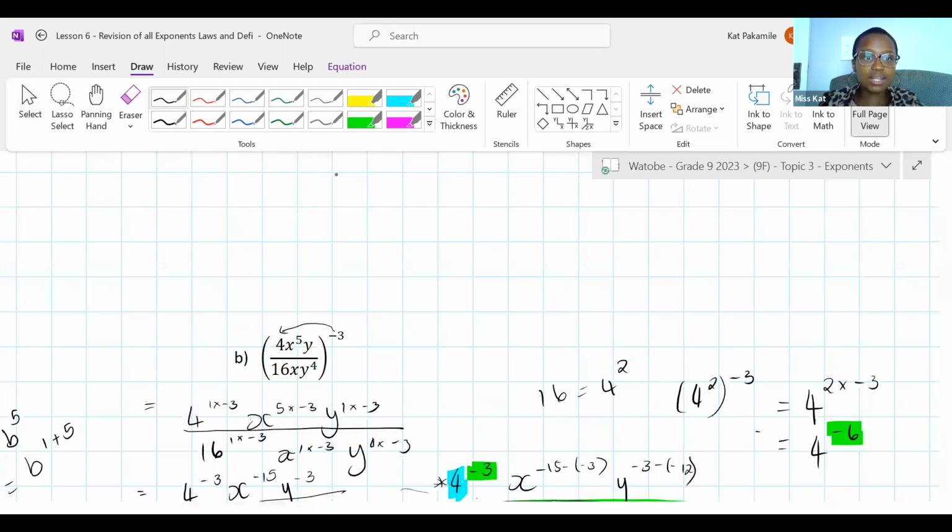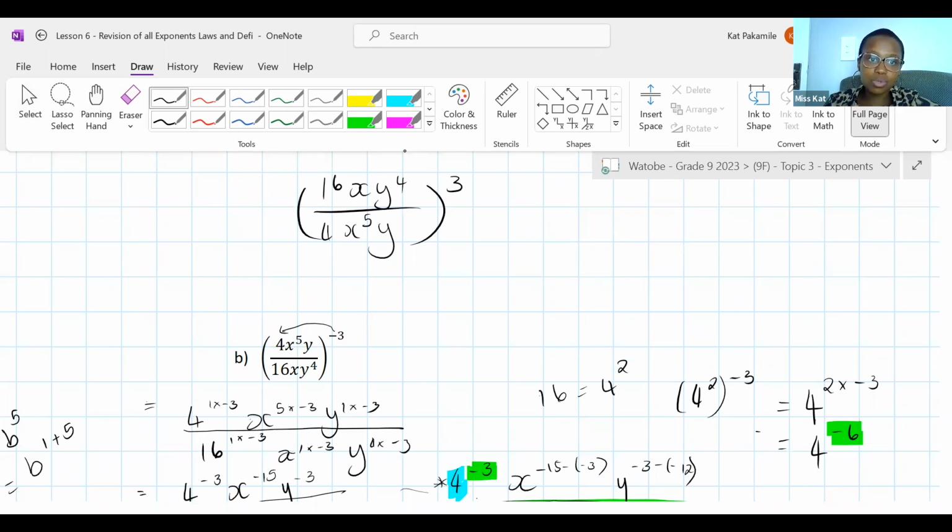What you could have done is first swap the variables that are inside the bracket. So have 16x, y to the 4 over 4x to the 5, y, and that would make your exponent positive. But I don't like this because we are still finding our feet with negative exponents.